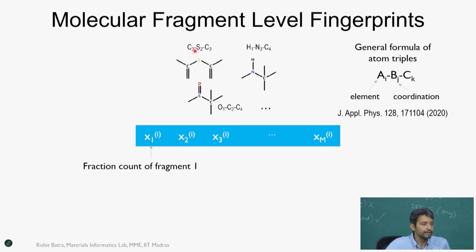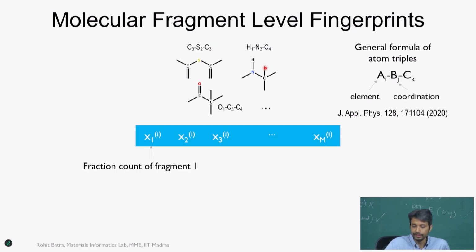C3 means carbon is having 3 bonds, so it is in sp2 state. S2 meaning sulfur is having 2 bonds, both single bonds, and then C3 again means 1 double bond and 2 single bonds. So coordination of carbon should be 3.